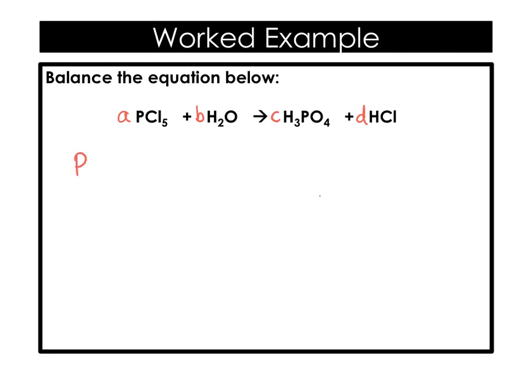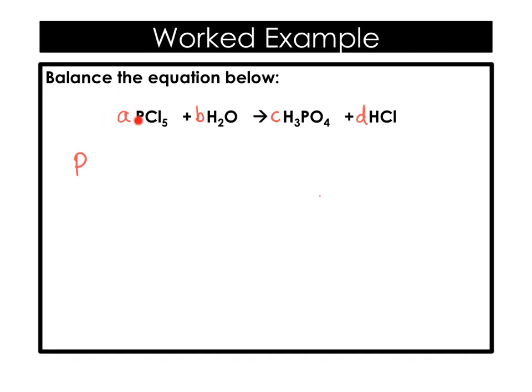So remember that our law of conservation of mass says that whatever is on this side of the equation has to end up on this side of the equation as well. There needs to be the same number of each type of atom on both sides of the equation. So, in terms of P, if I was to work out how many P's there were on this side of the equation, there's only one P, phosphorus, in this compound. There's none in this one.